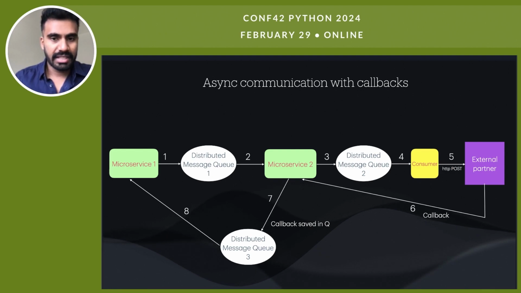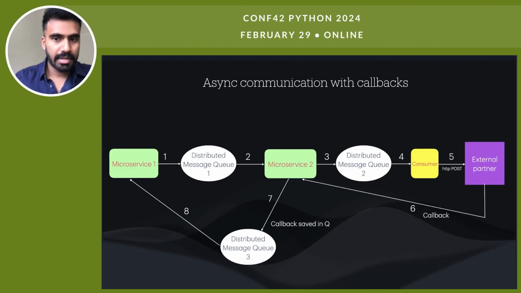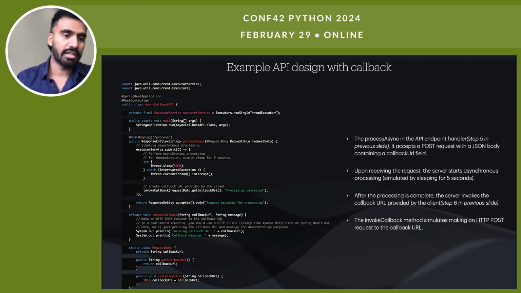Say the consumer picks up the distributed queue message, which is about calling process async, and it calls the external channel at step number 5. Once it calls a post, you can see I just added a simple sleep showing that it is doing some asynchronous processing, whatever the logic and algorithm implementation is.